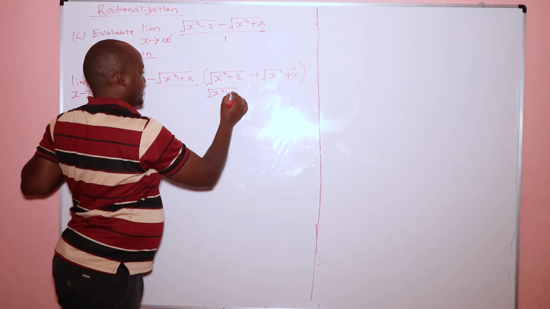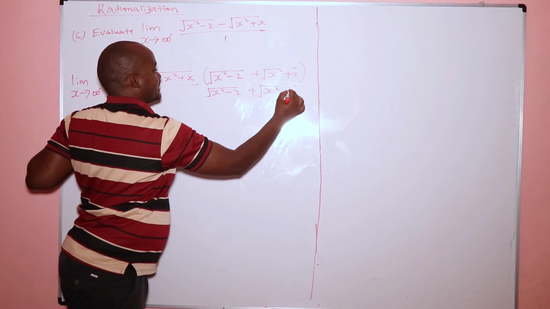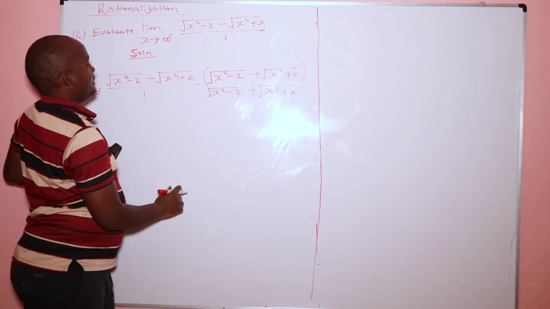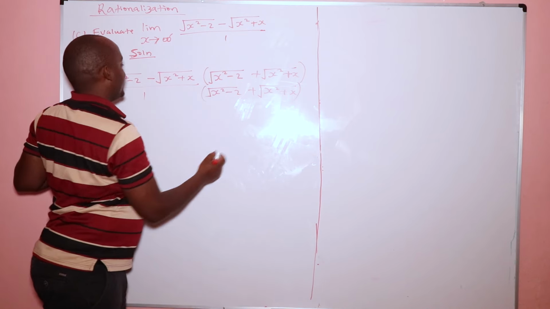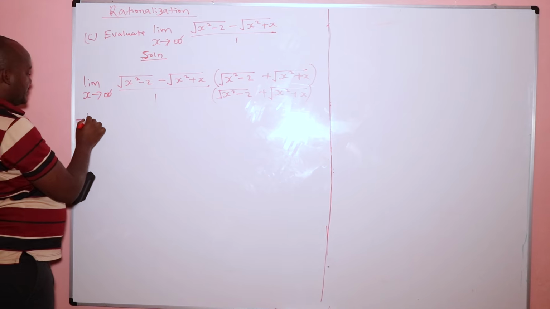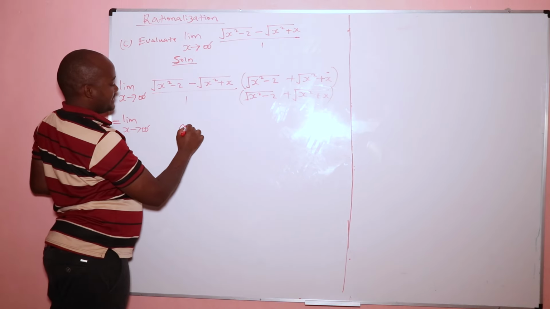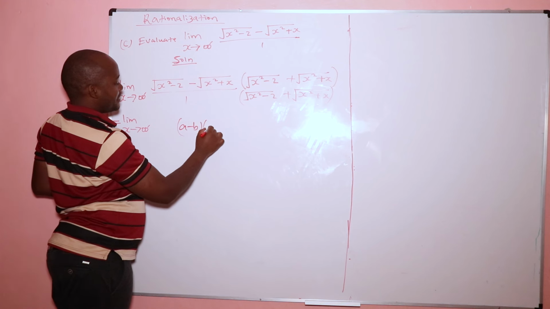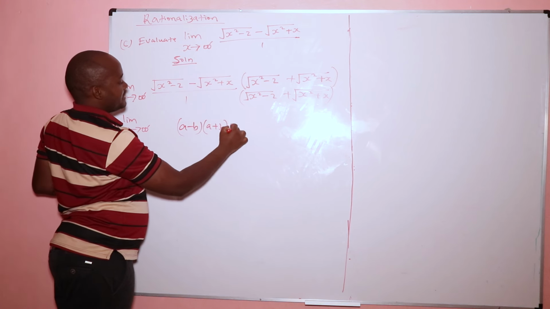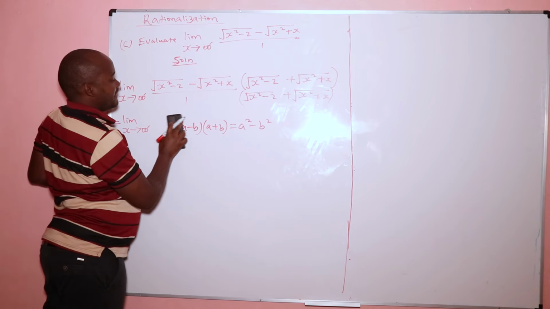The denominator will be root x squared minus 2 plus root x squared plus x. Then you multiply. So this implies that all these will be the same as the limit as x approaches infinity, from this property here, which is a minus b multiplied by a plus b, giving us a squared minus b squared. So this will give us what?